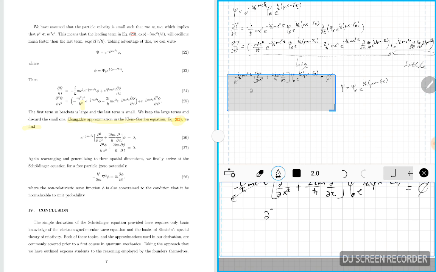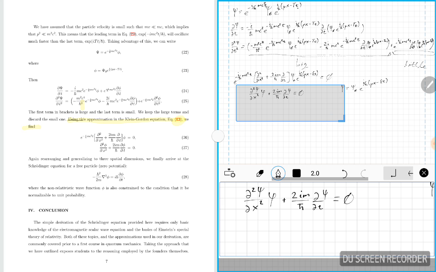So second derivative with respect to space of psi plus 2 times i times m over h bar of the first derivative with respect to time equals 0.